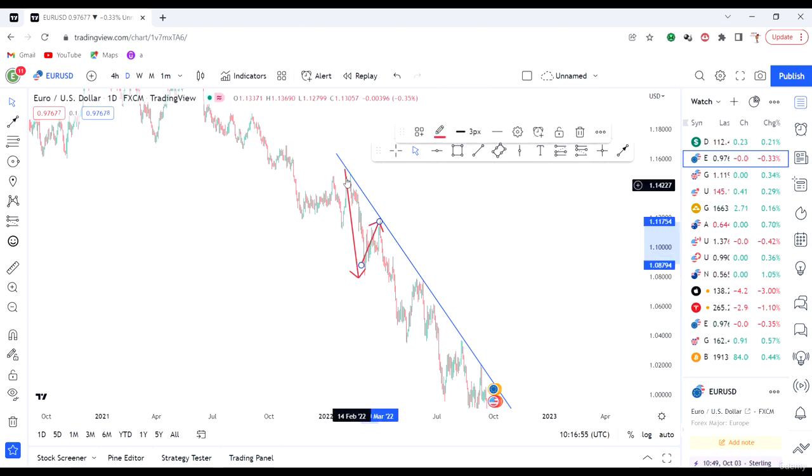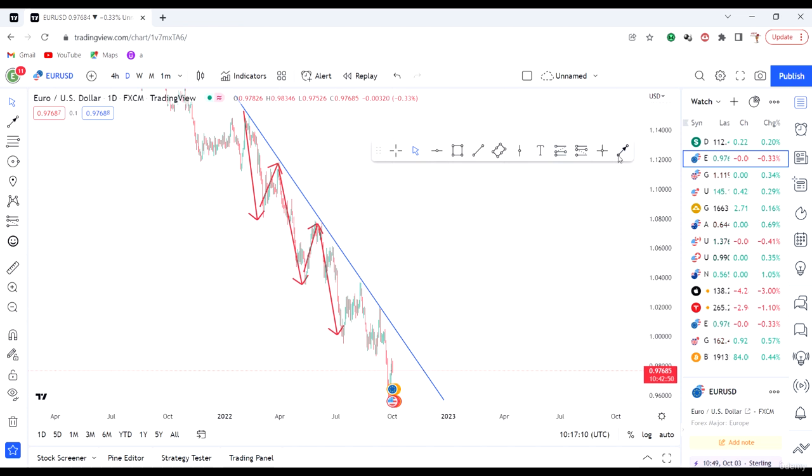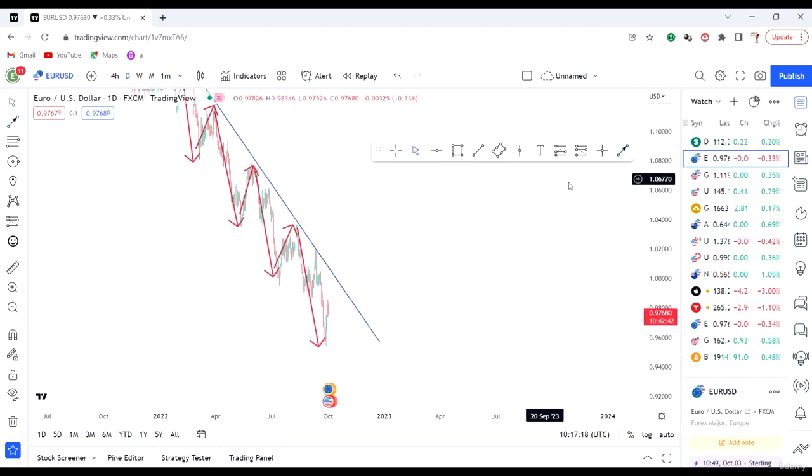So it went down, then retraced, and then still went down, and then retraced up, and then dragged down, and then retraced. And then it dragged down again to this point, and now it's in the process of retracing.